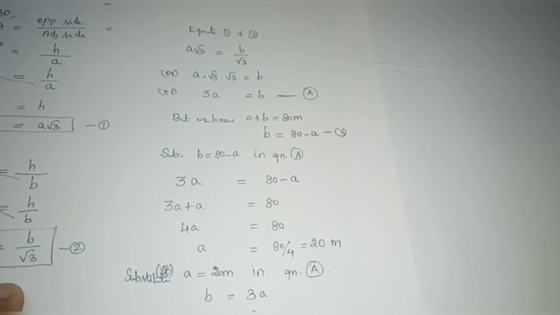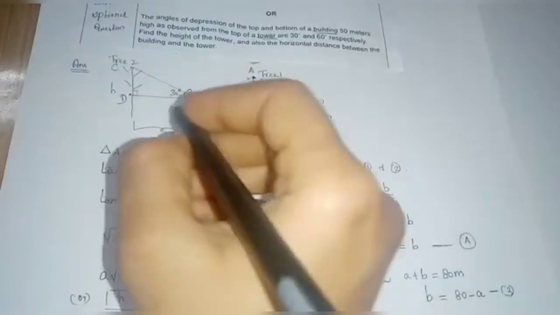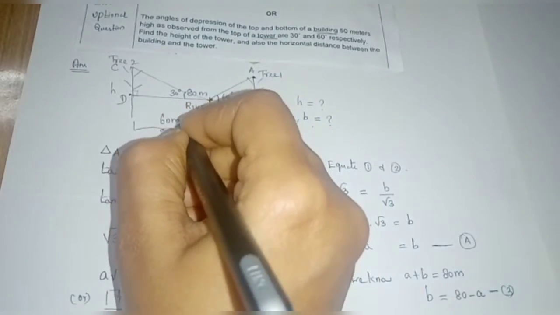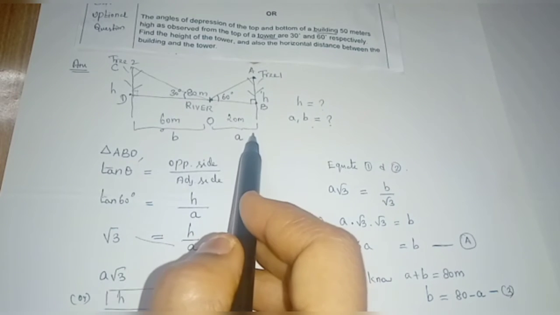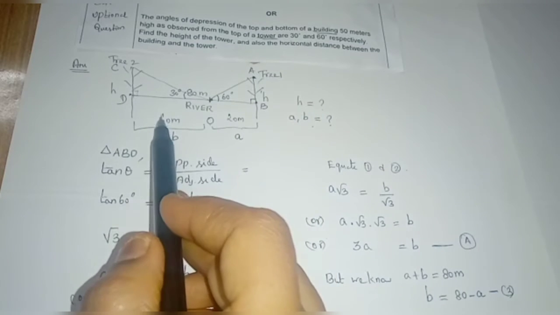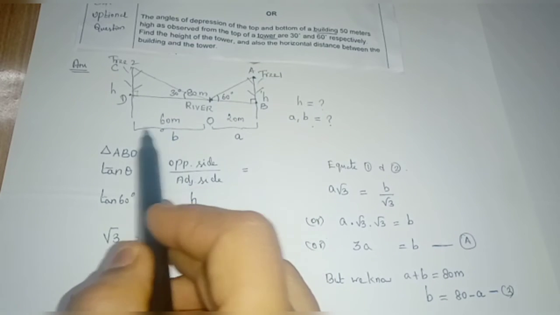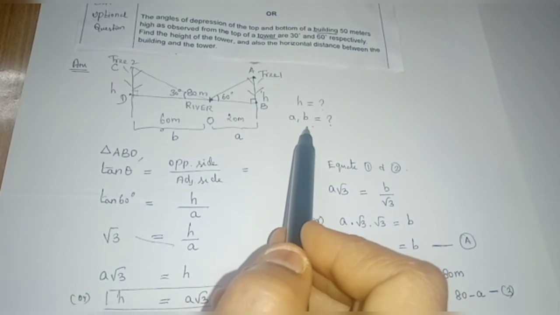So 3 into a value, which is 20, therefore 60 meter. So b value we found as 60 meter. So the distance between O and B is 20, the distance between O and D is 60 meter. So a and b we have found.